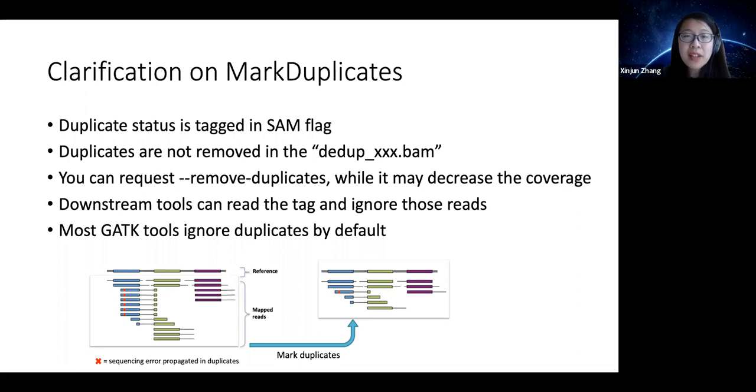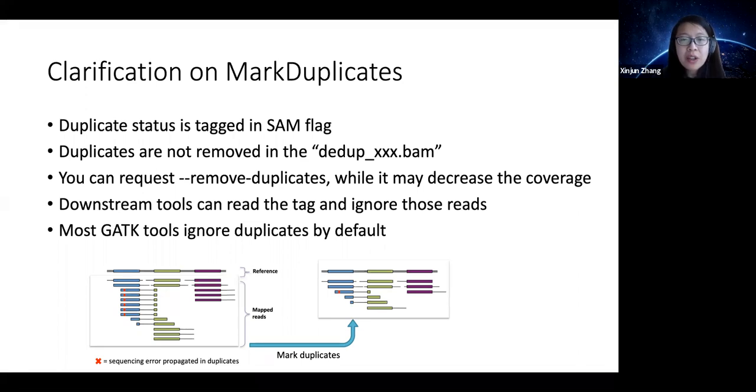In the BAM file generated after this step, that dedup whatever .bam, the file has all of your original reads, except the ones that are duplicates are marked. You can request the remove duplicates option, but it depends on how your metrics output looks from this step. You can look at your metrics and see the percentage of your reads that are duplicates. If it's not terrible, I don't recommend removing duplicates, because it would decrease the coverage.